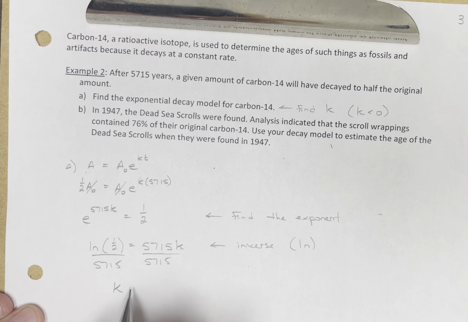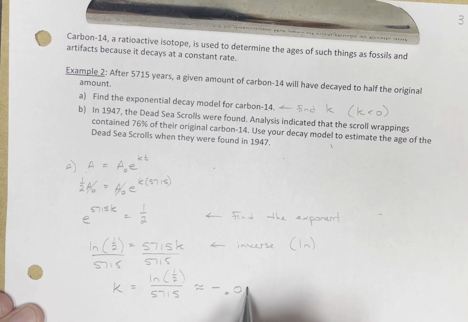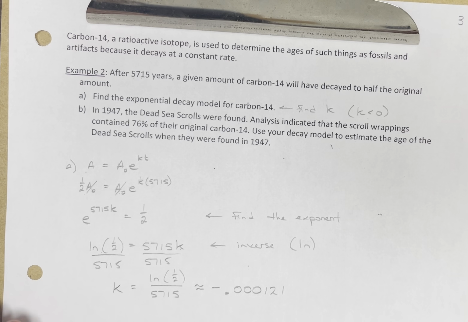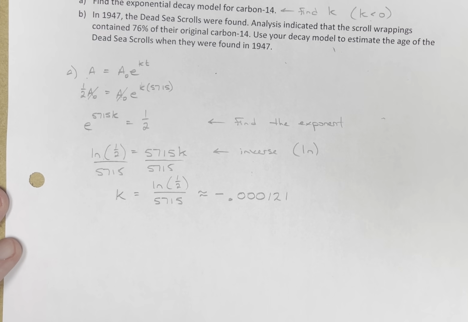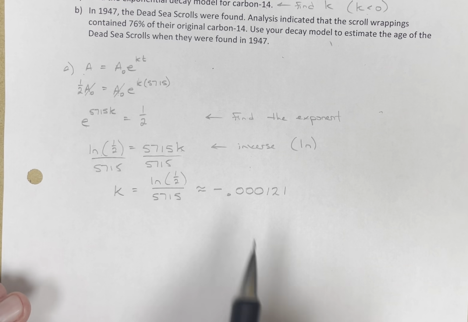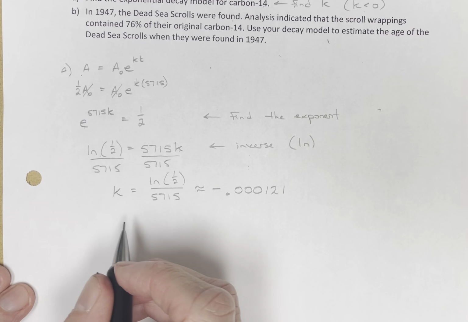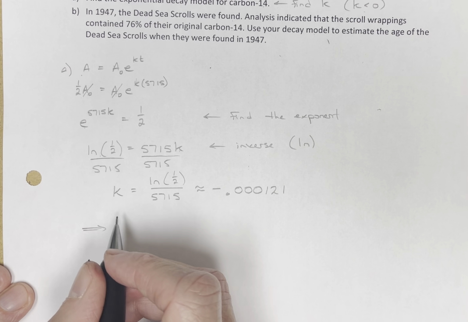So let's divide both sides by 5,715. And our constant, it should be negative, is the natural log of 1/2 divided by 5,715. It comes out to be approximately negative, good thing, because it's a decay, 0.000121, going out to 6 places for this one. Okay, so that's our constant for this situation. It tells us our model.